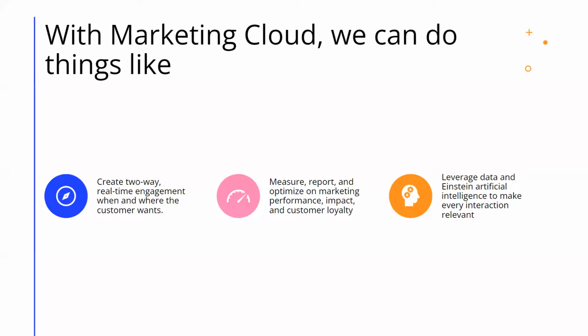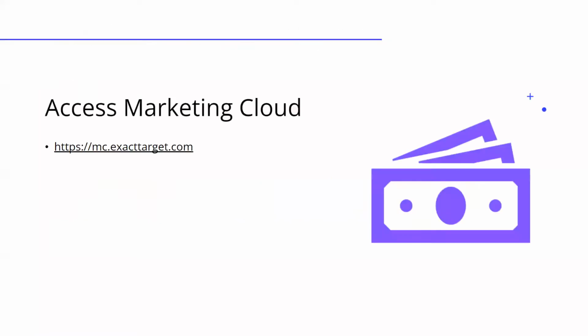You have Einstein as an artificial intelligence platform, which will give you more insight on the data you have stored within Marketing Cloud. With Einstein, you will be able to get plenty of intelligent recommendations which will definitely help you to market the correct product to your customers. We will see everything in detail.